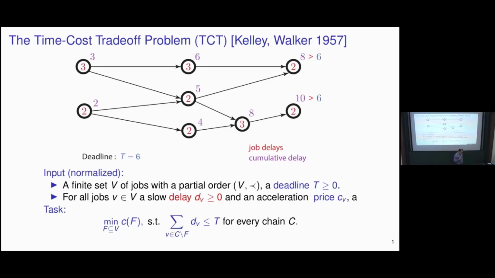Here we assume that we can put more effort on certain nodes. We can buy, for some price, the price c_v, and set the execution time essentially to 0, which you might think is more than you could hope for, but let's pretend we can set it to 0.